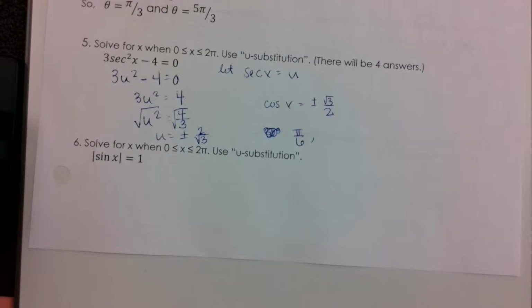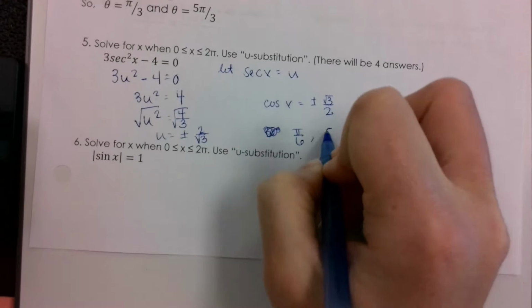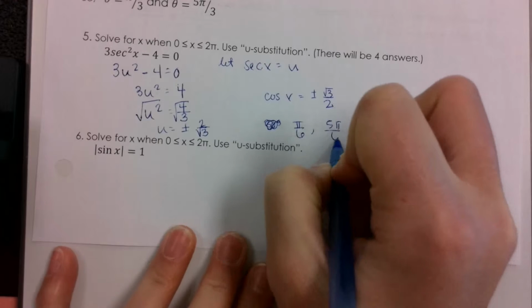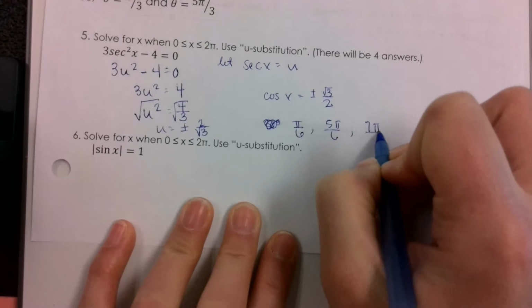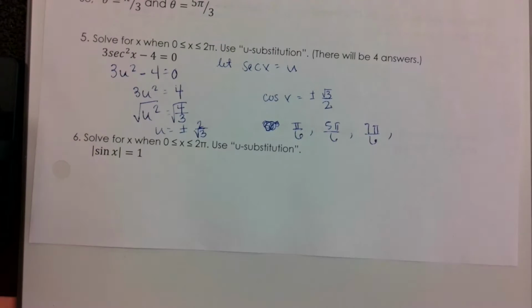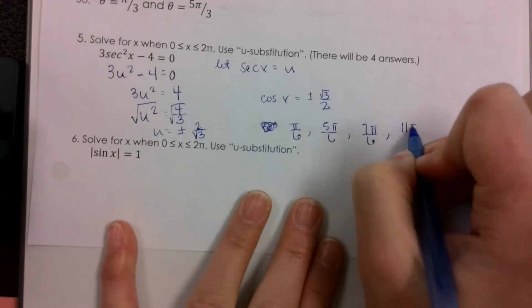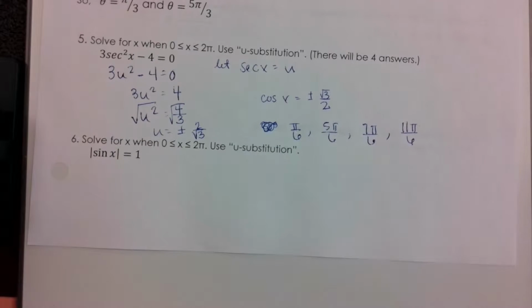And where else? Seven pi over 6. And what's the last one? 11 pi over 6. Questions on that?